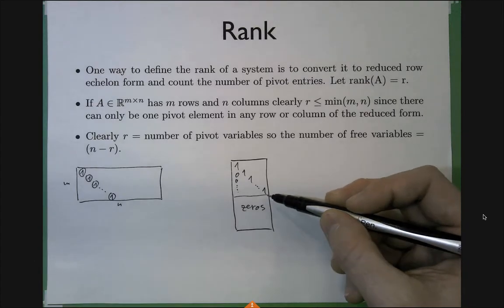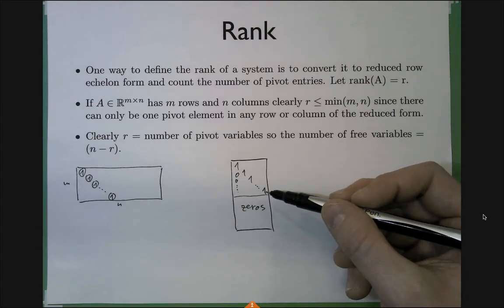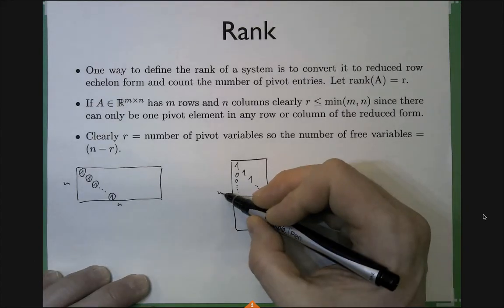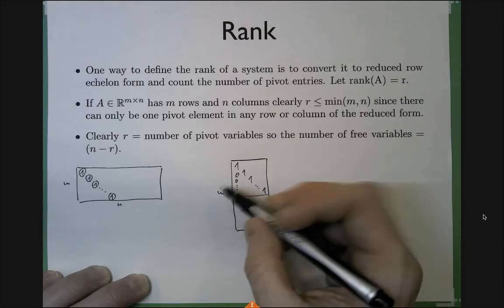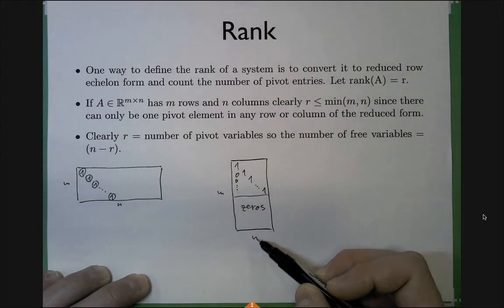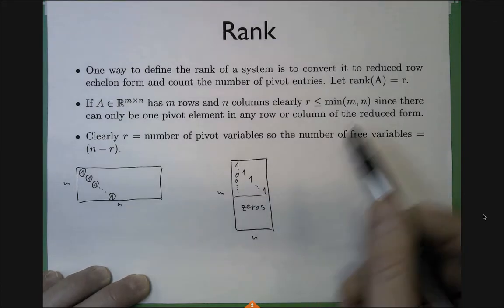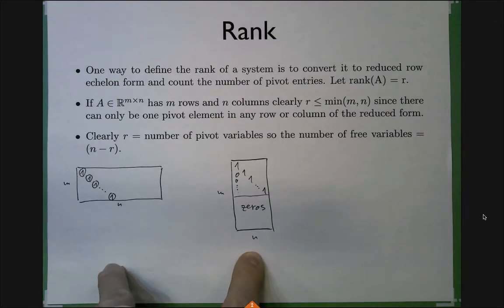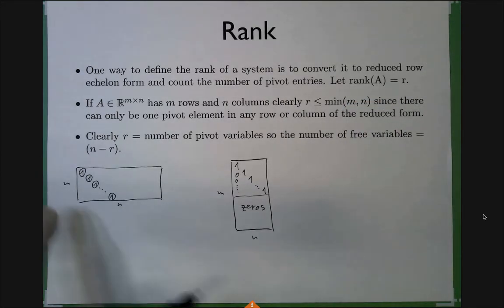So there's just no room for any more pivot elements. Here I have more rows than columns, so m is greater than n, and n is the smaller one. The rank certainly cannot be more than n in this case. So in both cases, the rank is at most the smaller size of the matrix.